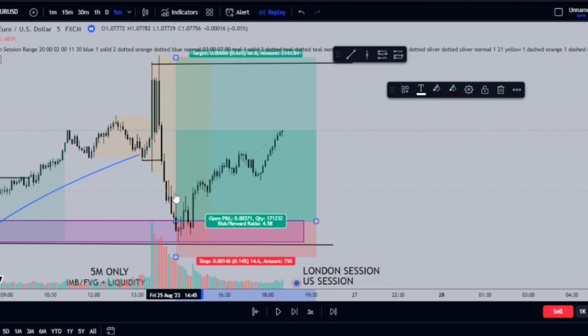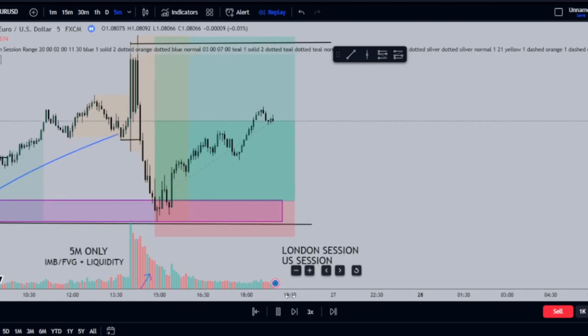So I would advise that you study how to trail your stop loss, making sure that it follows the price but is not too tight. Price moves in an up and down manner, so you might get stopped out. To avoid that, make sure that you at least put it on break even.